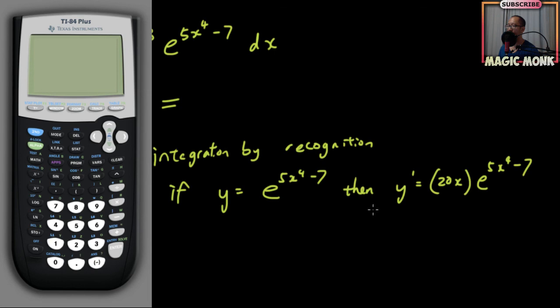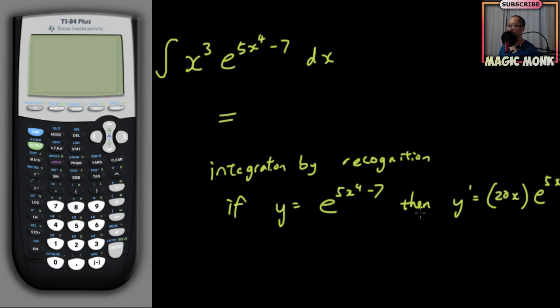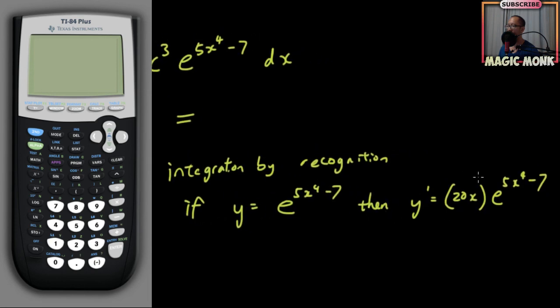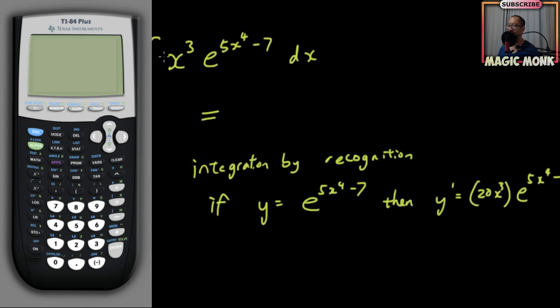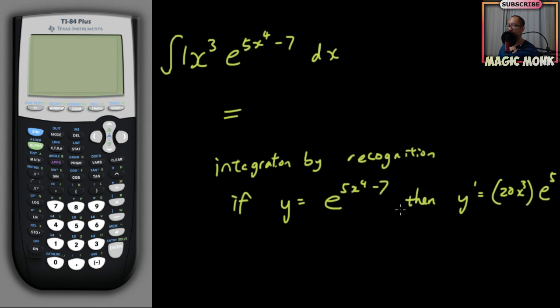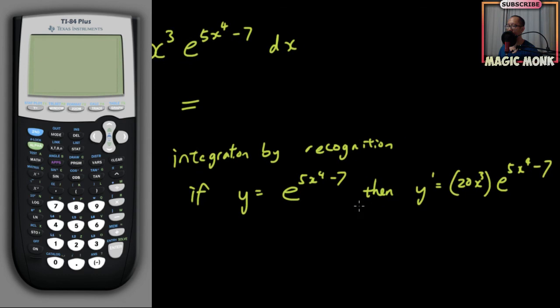So what is the difference? The difference is instead of 20, I just have 1. So what I'm going to do is multiply both sides by 1 over 20.